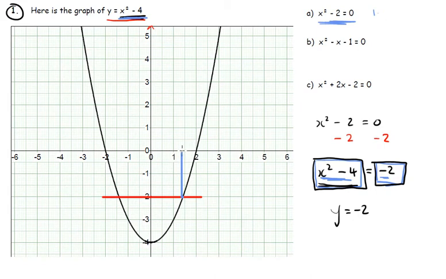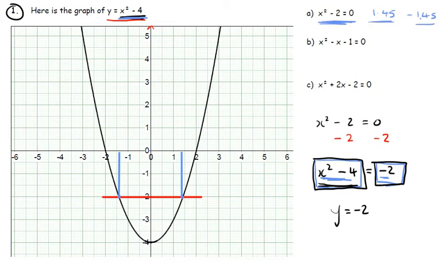So it's 1 point, probably 45 maybe. Okay, so 1.45 possibly. And the other solution is where it crosses here, but we just need the x answer, so that's probably negative 1.45. So these are 2 estimates for the answer to this equation.